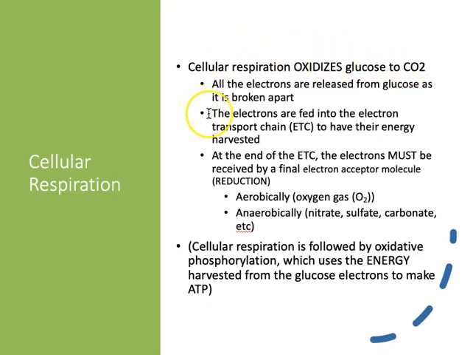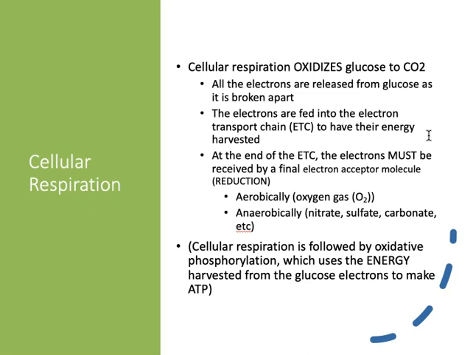The electrons that get released from glucose are going to be fed into the electron transport chain during that last set of reactions called electron transport. As the electrons get passed down this structure called the electron transport chain, their energy is going to be harvested. The energy that those electrons are carrying with them is going to be harvested.